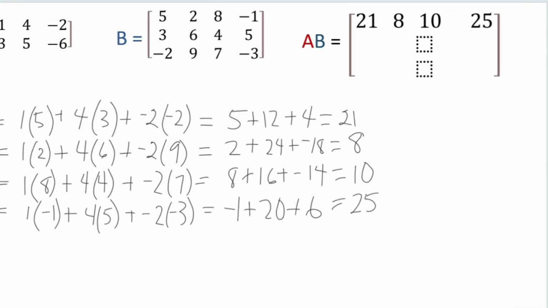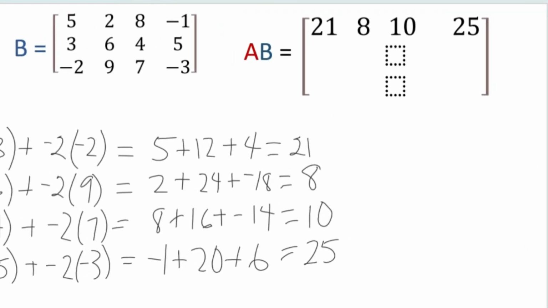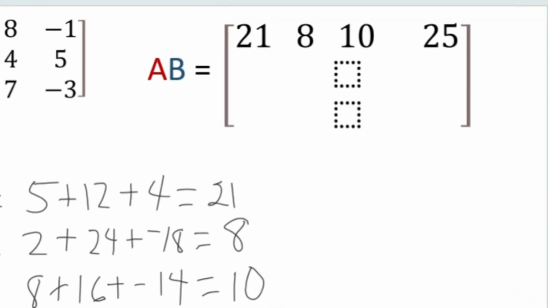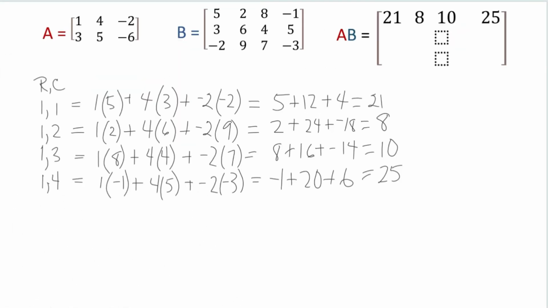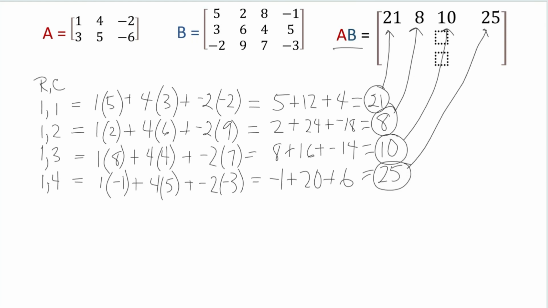In order to have some more room, I can erase this. I put our values in our new matrix, which is A times B. We put our value of 21 in our first row, first column, 8 in our first row, second column, and 10 in our first row, third column. The value of 25 goes in our first row, fourth column. So I'm going to erase this and we're going to do the second row.